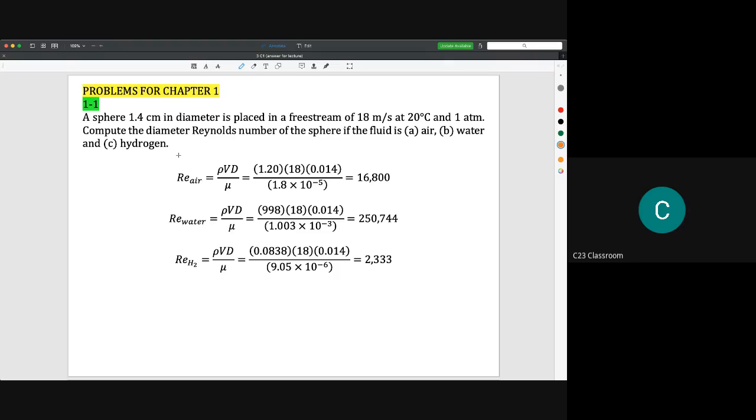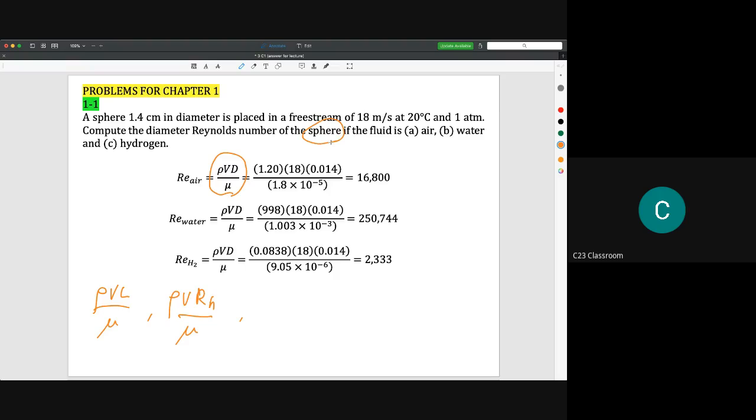The most common equation in fluid mechanics is the Reynolds number, but it's not fixed as rho V D. Sometimes we use rho V L over mu, and sometimes rho V hydraulic radius over mu. This is the common one because we have three major situations. Because we have a sphere here, we use the diameter.